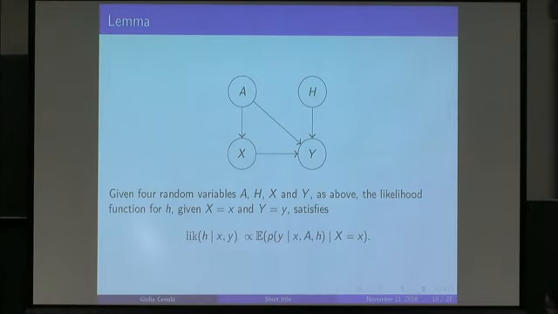So here what is random is A. I'm talking about the average over the posterior distribution of A given X.